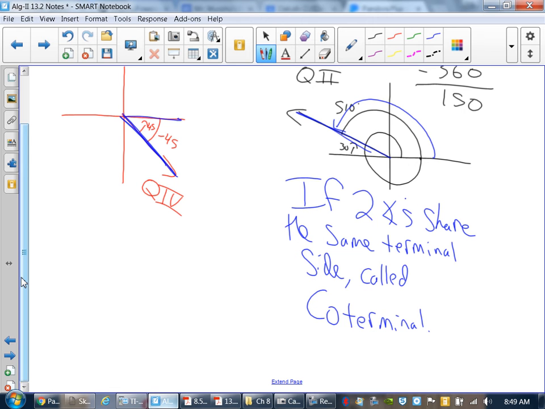Coterminal angles just share the same spot when you spin them around. You see this a lot. We actually use it a lot to help figure out what are called reference angles.